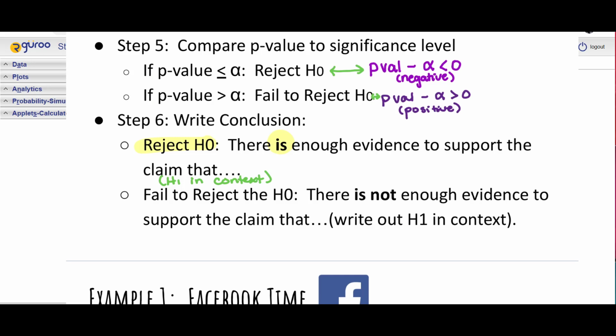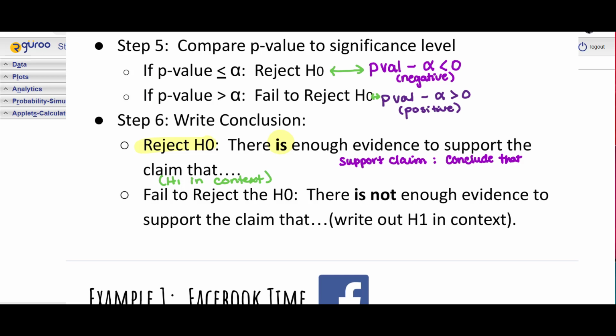You can say support the claim. You can also, instead of support the claim, just say conclude that instead. So you can say there is enough evidence to conclude that, and then put H1 in context. It's up to you. Either works.